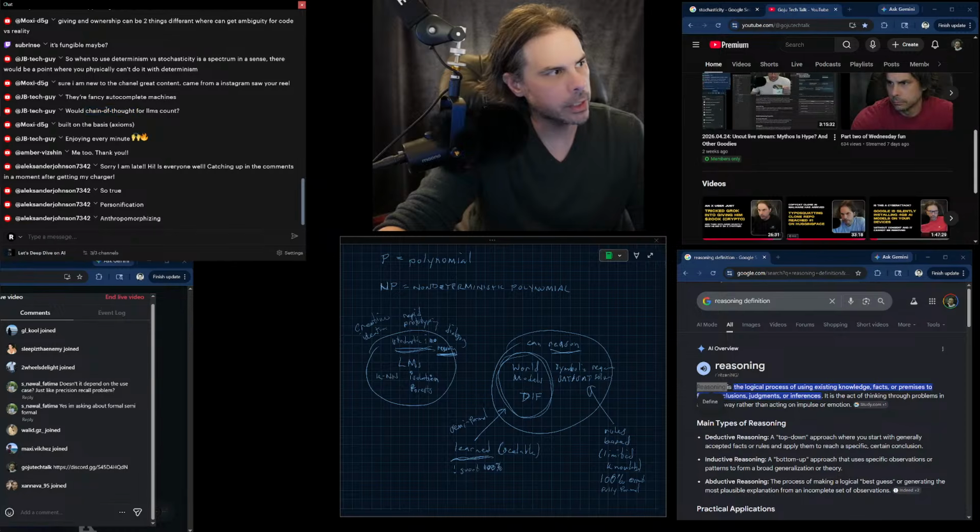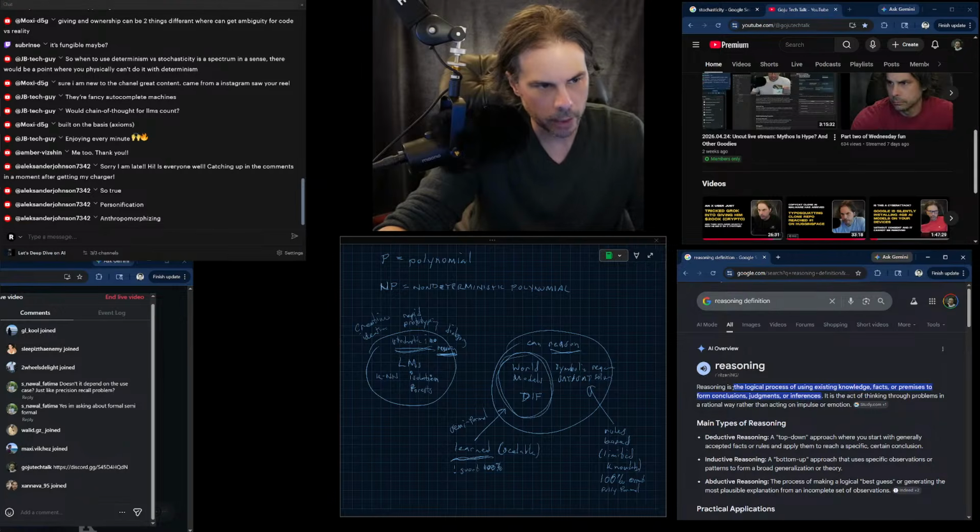And one of the things that I saw is they would talk about chain of thought reasoning. And again, when I say the word reasoning, I mean this. This is super precise.